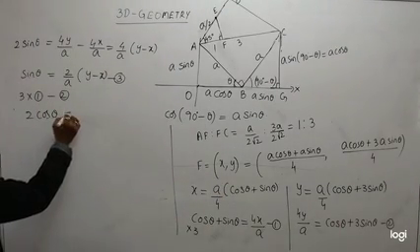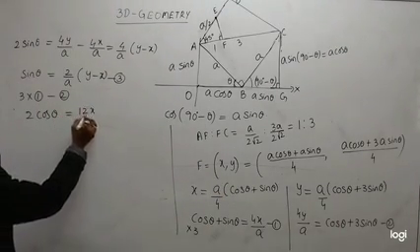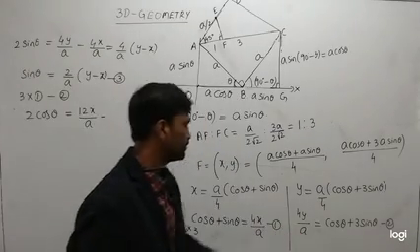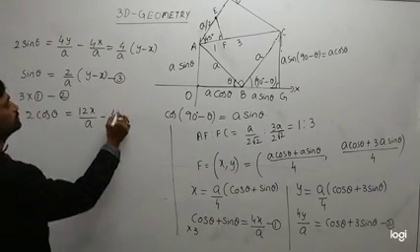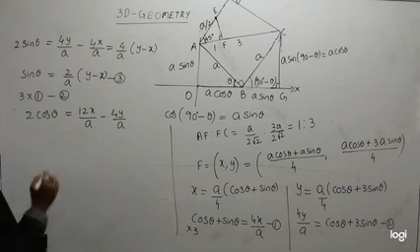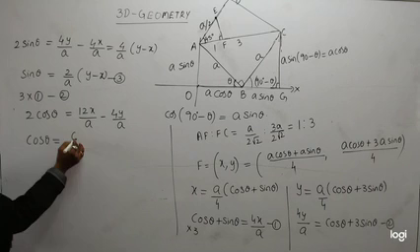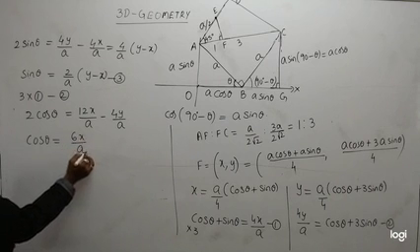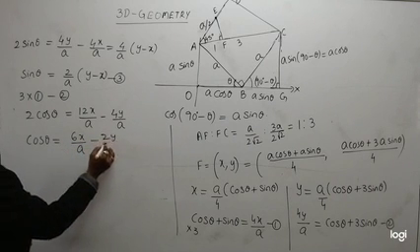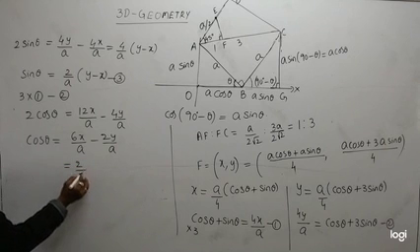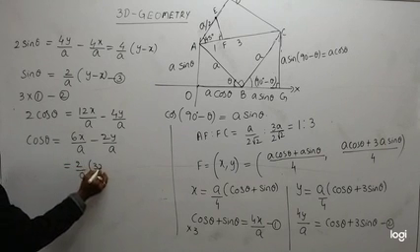So on the RHS, what you'll get? 3 into 4x by a, nothing but 12x by a, minus, here the RHS is 4y by a. So cos theta is equal to, divide by 2, then what you'll get? 6x by a minus 2y by a. So further, what is common? 2 by a is common, what you will get? 3x minus y. So this is equation 4.